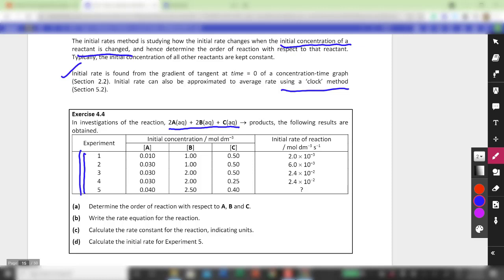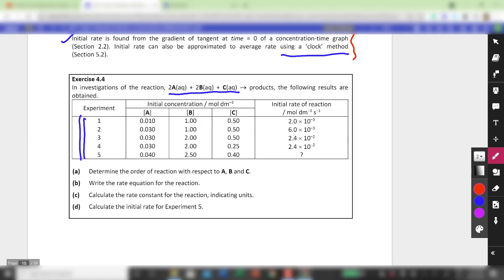But the clock reaction will be a good proxy. Okay, so that's something that I just want to bring to your attention. Because of course, due to limitation, it's not exactly explained entirely here. Yeah, of course, you can refer back to section 2.2. You can refer forward to section 5.2. But if someone were to explain to you more clearly, I thought that is better.